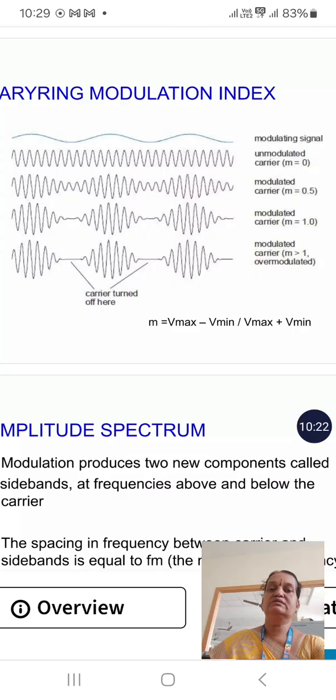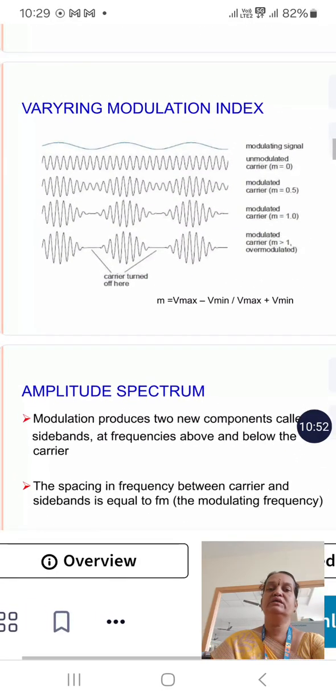The fourth is the modulated carrier. For m equal to 0.5 is the first diagram. If m is exactly equal to 1, you can note down the variation. If m is greater than 1, some of the signal is lost, nearly equal to 0, so it is called over modulation.